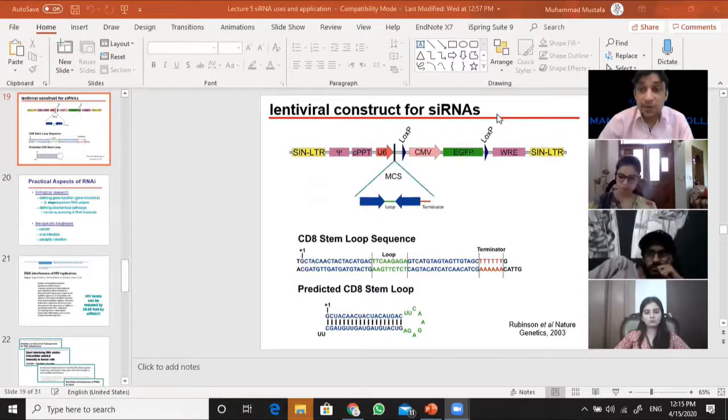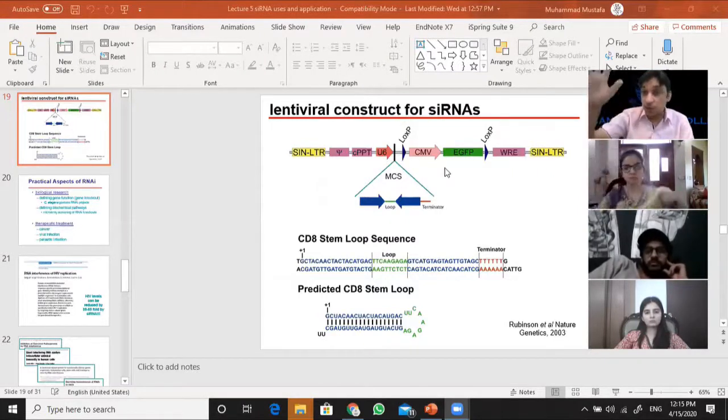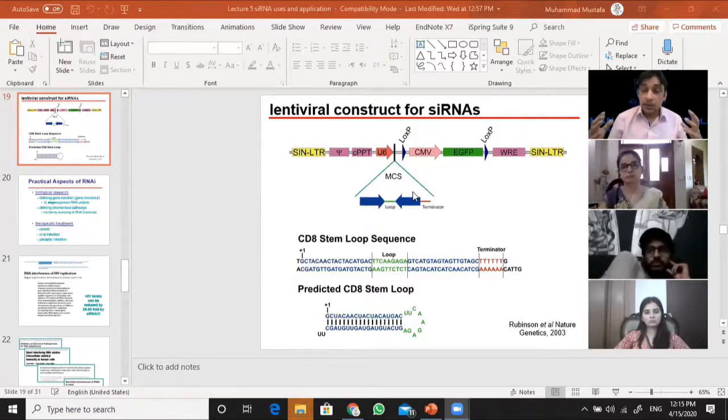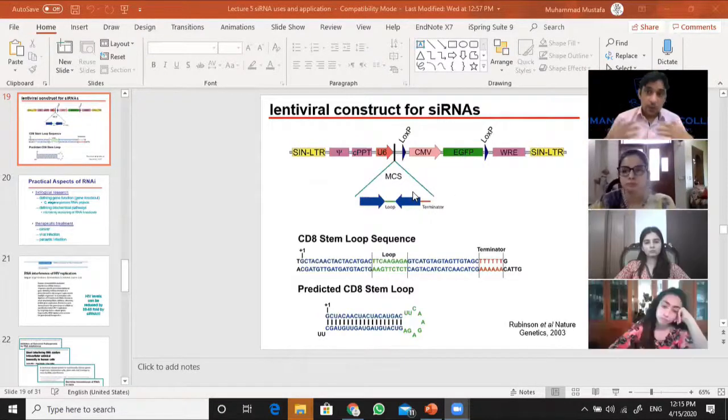There is a significance of overhangs, and it's not only the overhangs. The question is quite general, and it is applicable to many other things as well. The dimensions, the architecture of a substrate, is very critical for the function of enzymes.